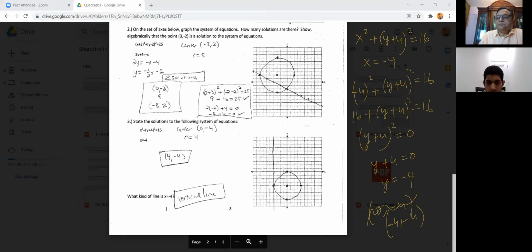What kind of line is x equals minus 4? A vertical line. Okay, x equals minus 4 is a vertical line as shown here. And in this particular case, you get only one solution, right? So it is also a tangent line. So we'll say vertical line tangent to the given circle.